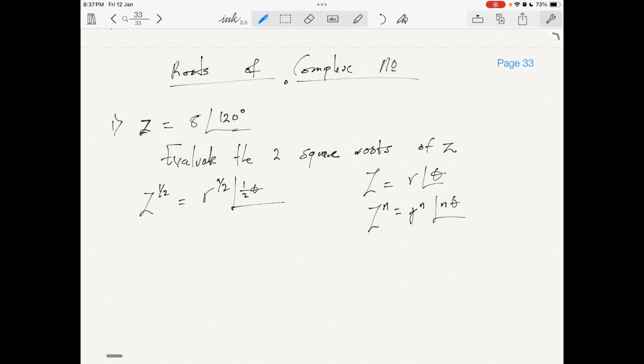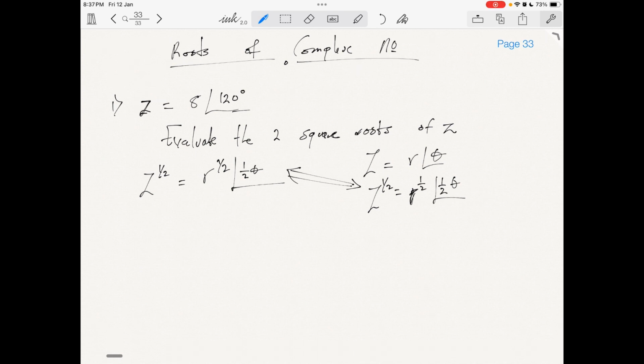Now since n is now 1 over 2, we can see that it is equivalent. So therefore, our r in this case is 8 and our theta is 120 degrees.